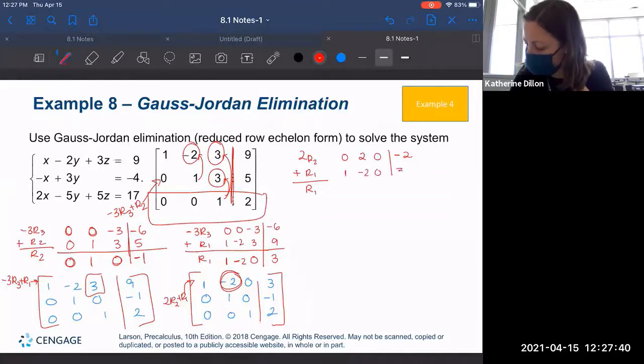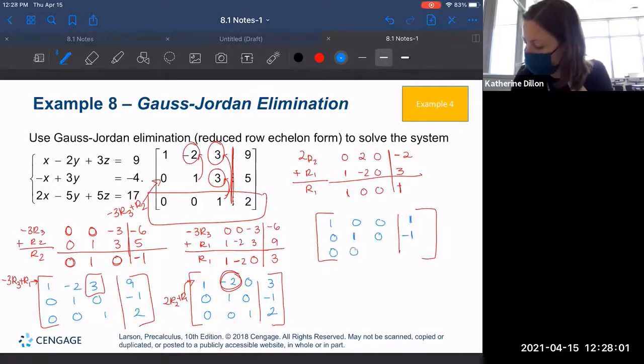Row 1, I'm just copying and pasting. My result is 1, 0, 0, 1. So my final matrix is 1, 0, 0, 1, 0, 1, 0, -1, and then 0, 0, 1, 2.